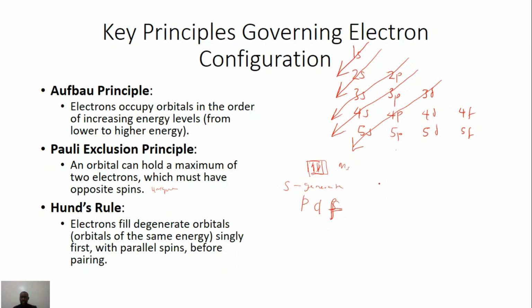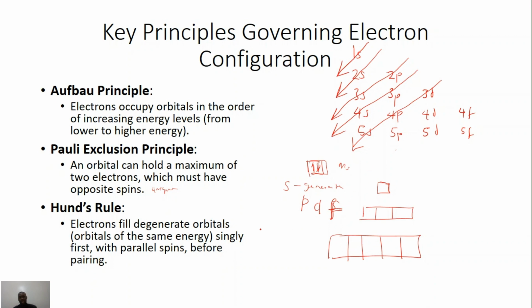Don't forget that s has only one orbital, while p has three orbitals. D has one, two, three, four, five orbitals, while f has seven orbitals.